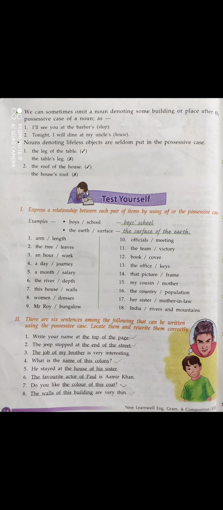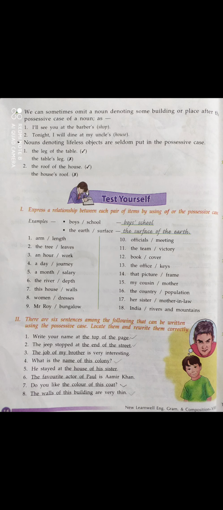Now my cousin mother. Cousin is a living person, so with a living person we can use the possessive case. So we say my cousin's mother. The country. The country is a dignified thing, so we can use the possessive case with a dignified thing. So we can say country's population. Her sister mother-in-law.